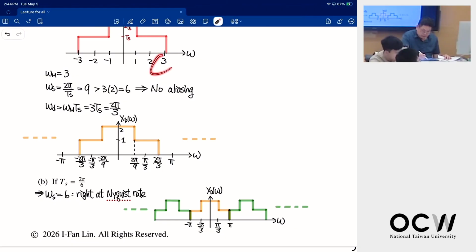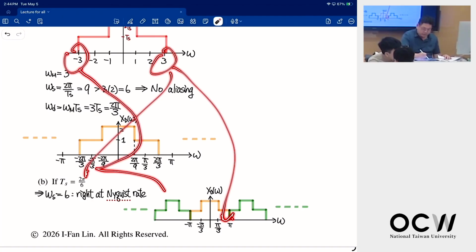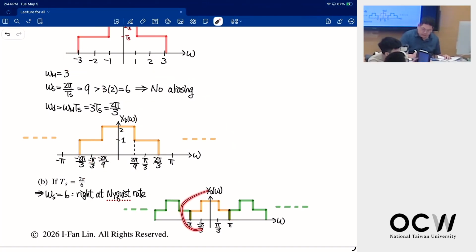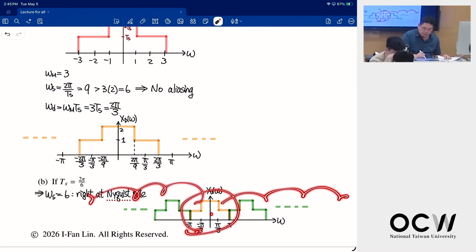You can also check, like, 3 times 2π over 6, so there will be π. Right, minus 3 times 2π over 6, there will be minus π. And then we need to duplicate this signal because it is periodic.